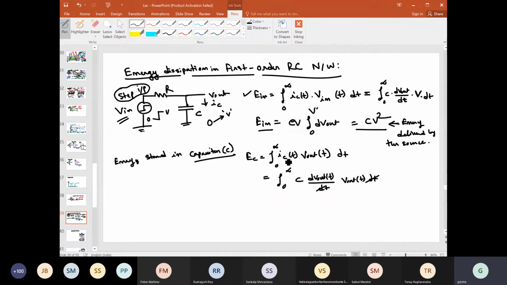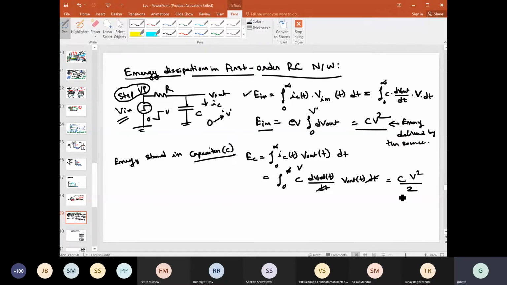Ultimately this capacitance will be charged to voltage V, so we can write it here V. If you estimate it, it will come to be CV square by 2, right? So you see one thing here: the energy delivered by this step input source is CV square. Out of that, the energy stored in this capacitor is CV square by 2.